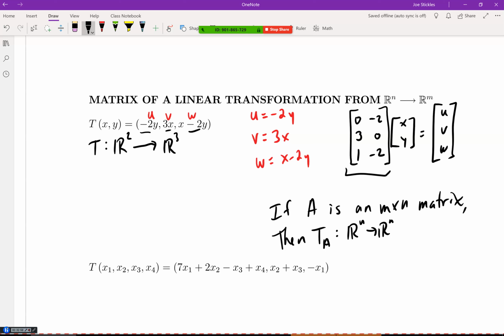Notice it flips things around here, right? The codomain space had dimension 3, and there were 3 rows. The domain space had dimension 2, there were 2 columns. We define this T sub A transformation as T sub A of x is defined as A times x.